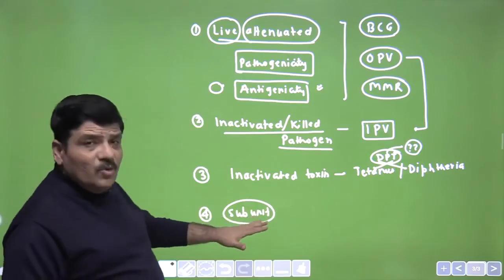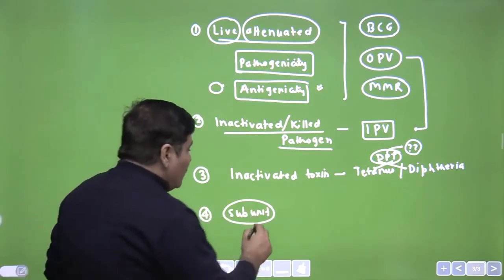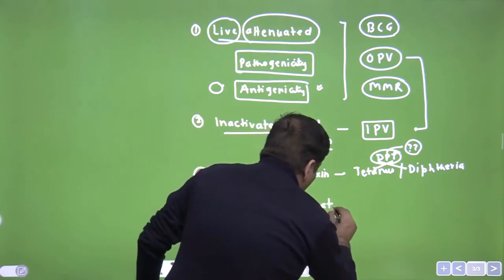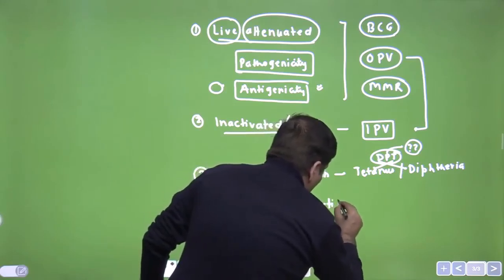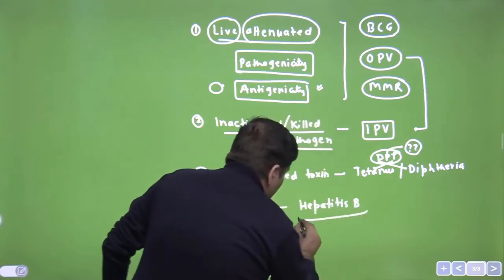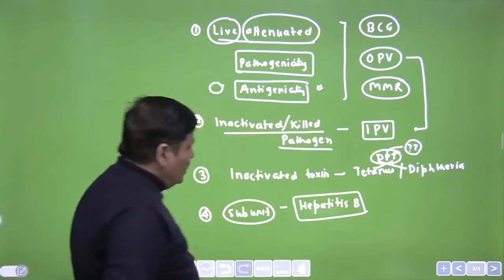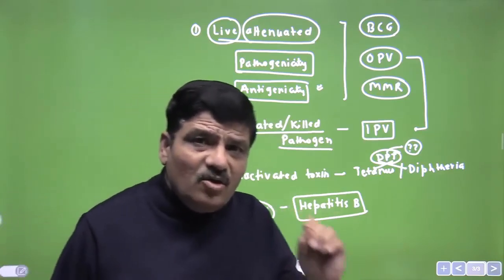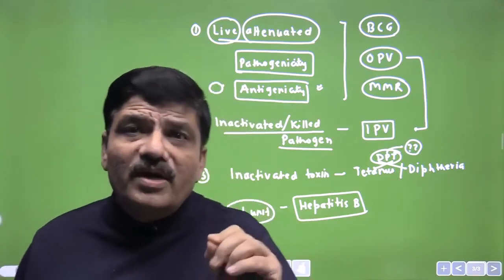We are discussing a subunit vaccine because this is a very famous example where you can prevent a very contagious disease called hepatitis B. This virus, the hepatitis B virus, is a double-stranded DNA virus, and the vaccine is made by recombinant DNA technology in recombinant yeast.